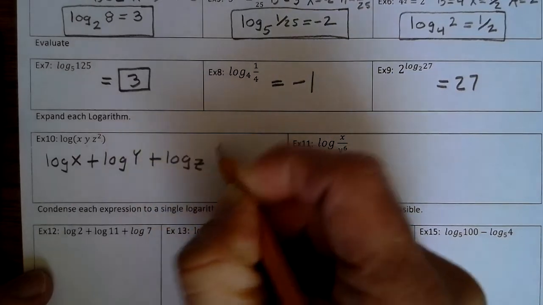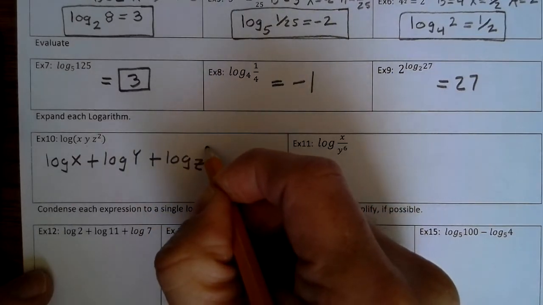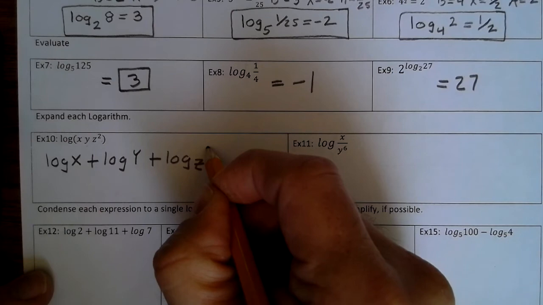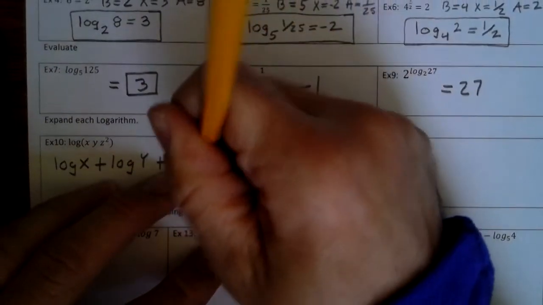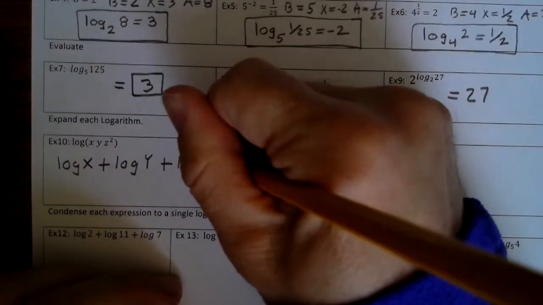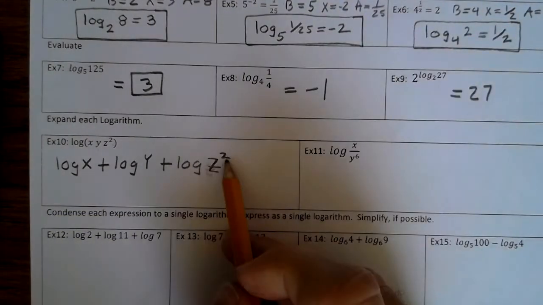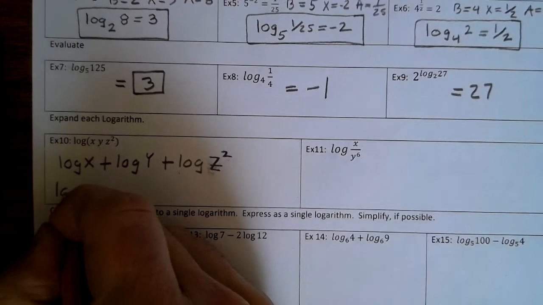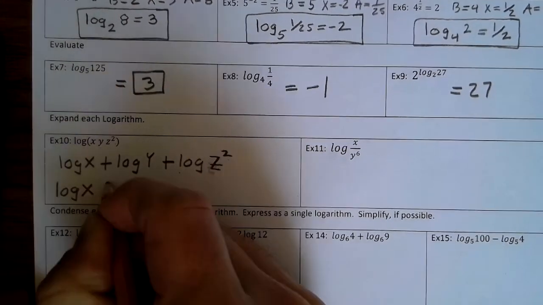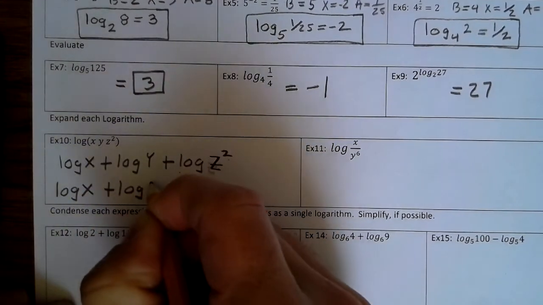And that z shouldn't be on the bottom. This should be right here. Okay. Now, that 2 goes in the front, so then that's log of x plus log of y plus 2 times log of z.